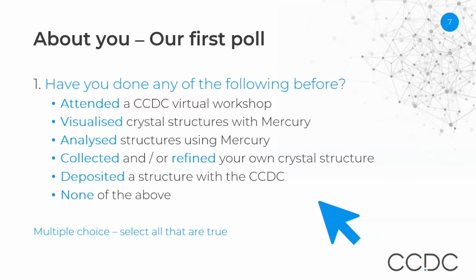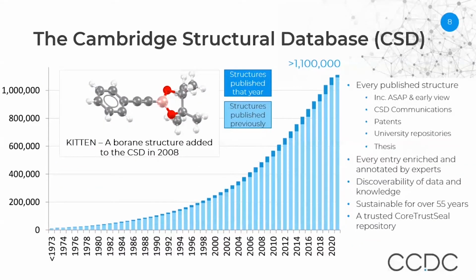Okay, we will close the poll, and before we explore and analyse structures in the Cambridge Structural Database, let's start with a quick reminder of what's in the CSD. It was established in 1965 and contains over 1.1 million structures.